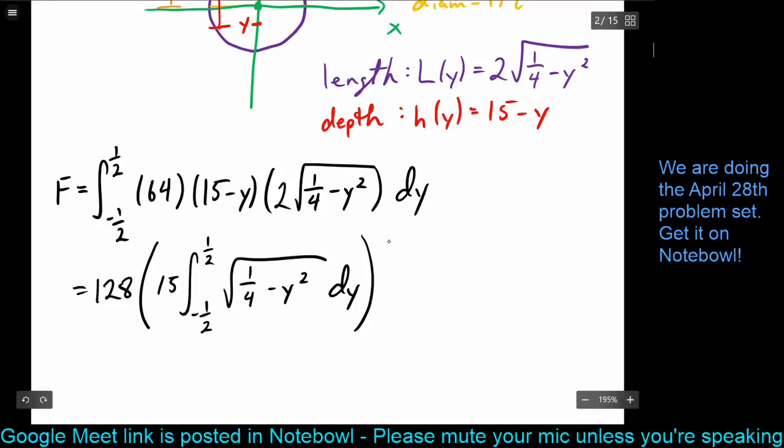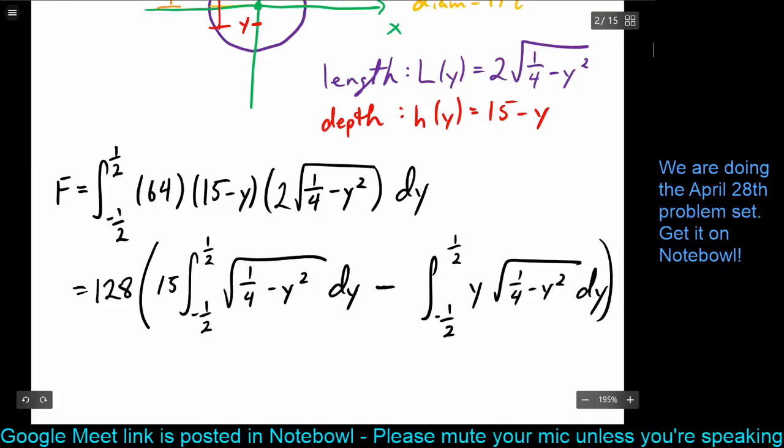And then minus the integral from minus 1/2 to 1/2 of y square root 1/4 minus y squared dy. Now of course we could toss this into Mathematica, but I really want to do this one by hand to kind of show off some techniques we can use to compute these.